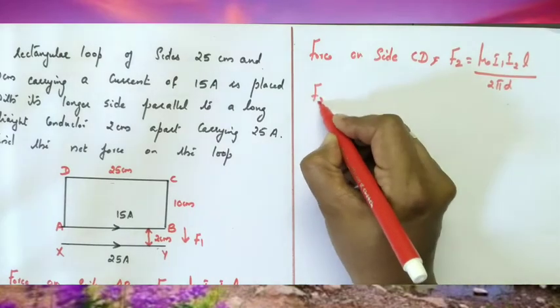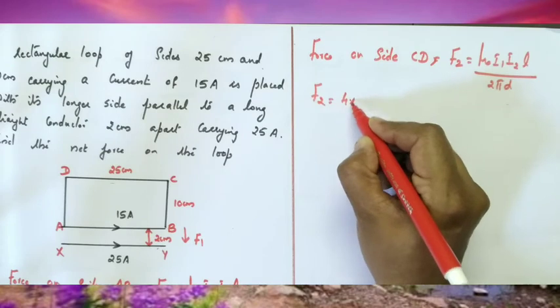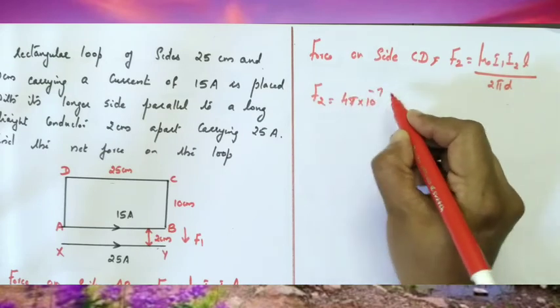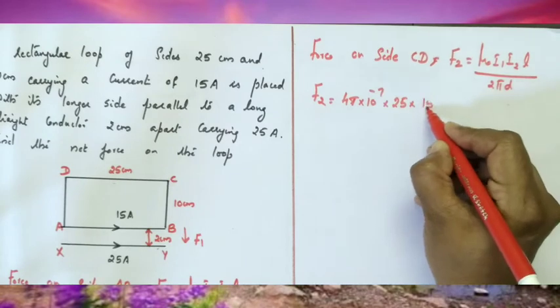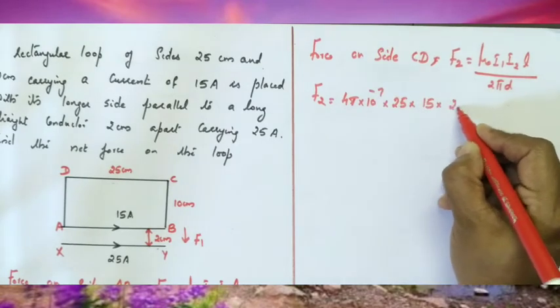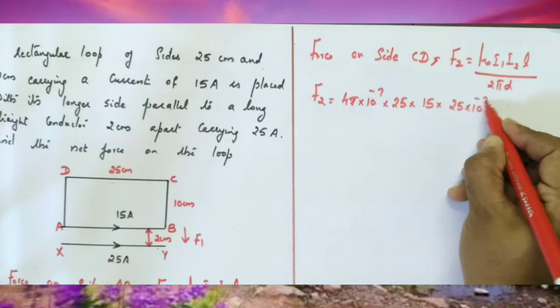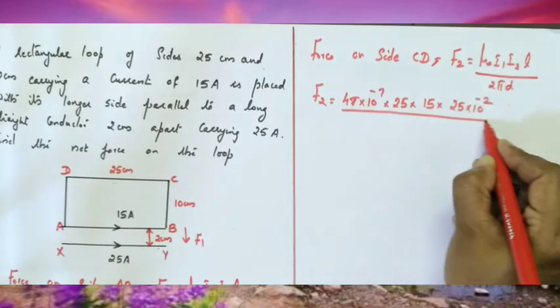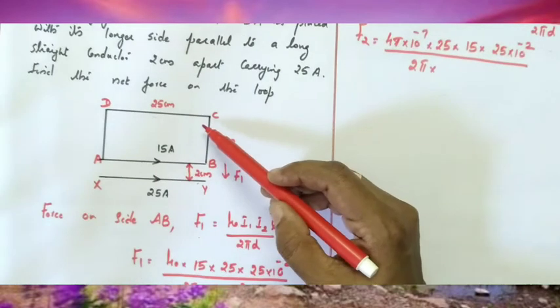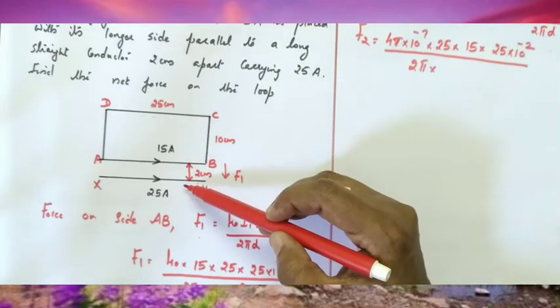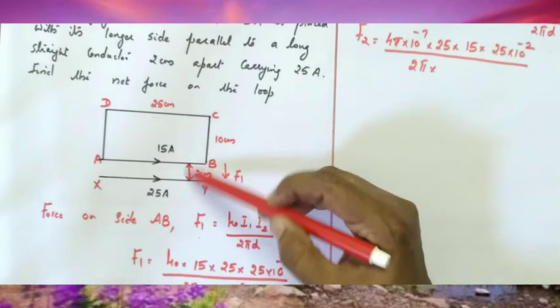We can substitute mu 0 as 4 pi into 10 raised to minus 7, I1 is 25 into 15 ampere, L is the same 25 centimeter, 25 into 10 raised to minus 2 meter, divided by 2 pi into d. Force acting on CD is due to the external conductor XY.